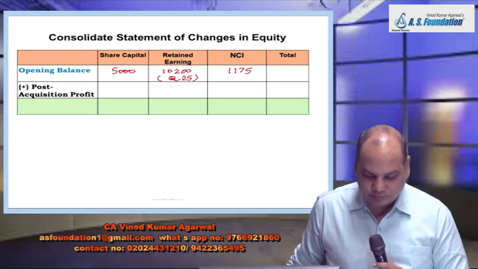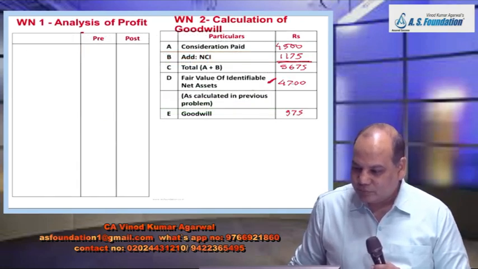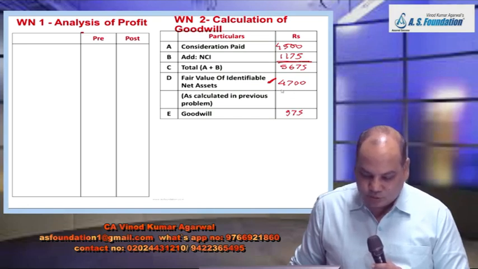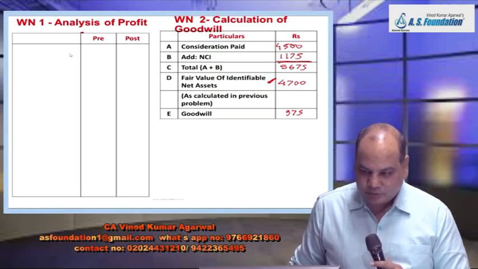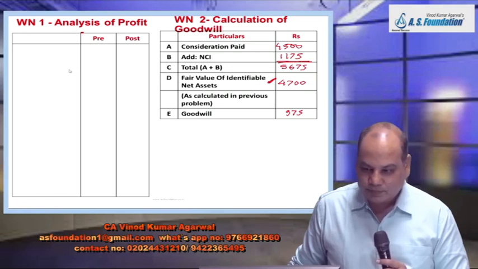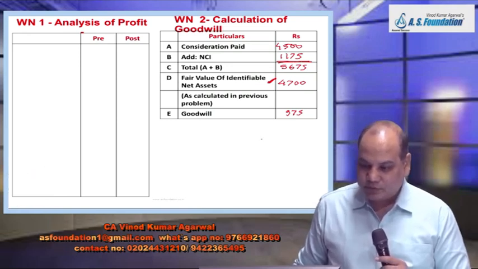Okay, now current year retained earning we will calculate. Subsidiary company, 2,000 share capital has gone in this calculation. See, 4,700 includes 2,000, and this also includes pre-acquisition profit. So total profit now it is appearing is 2850.